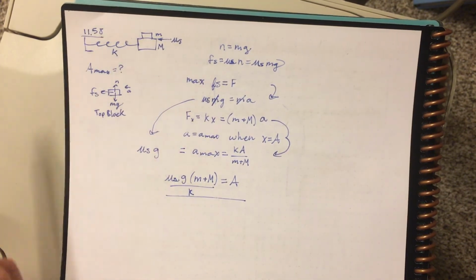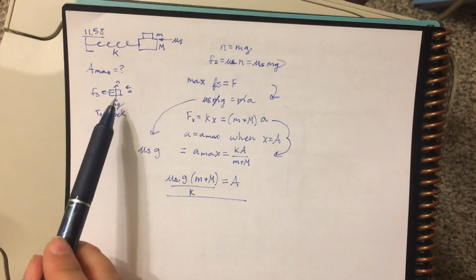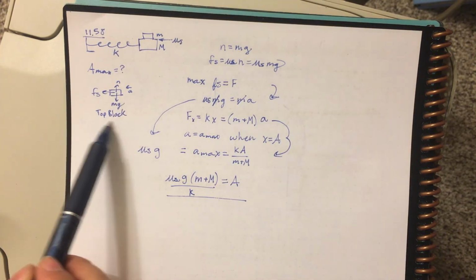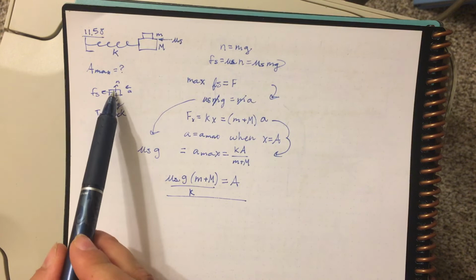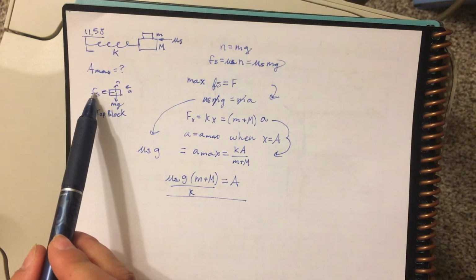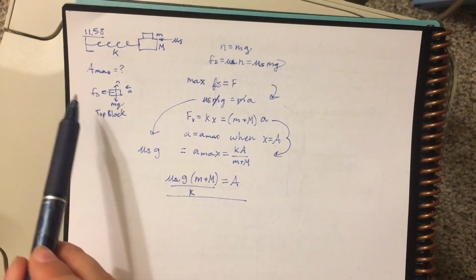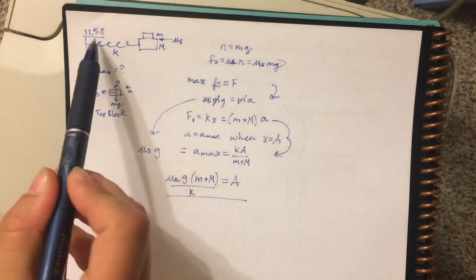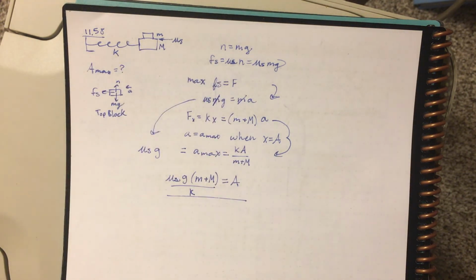Right, so it's asking for the maximum amplitude such that nothing slips, right? This is your free body diagram. You've got mass times gravity going down. This is the top block, right? And then you have the frictional force, going that way or that way, depending on which way it's oscillating from. But we'll just pretend like it's going that way.